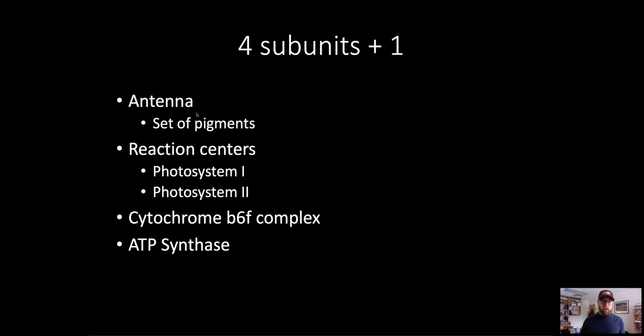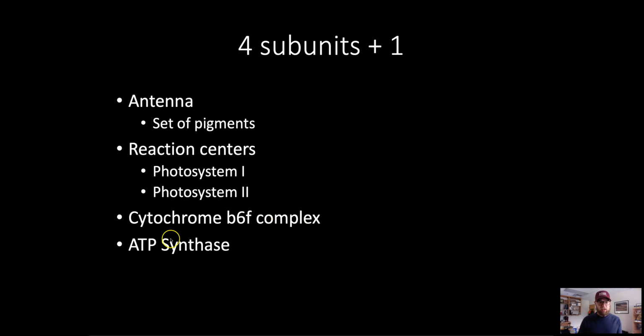Okay, there are 4 subunits of photosynthesis and then one extra component that really should be included but isn't really. I'm going to talk about them all as one system, but the 4 subunits that are often referred to in photosynthesis are the antenna, or the set of pigments, which is one subunit. The 2 different photosystems are 2 more subunits, and then the cytochrome b6f complex, which we'll touch on briefly, but I don't want you to have to remember that.